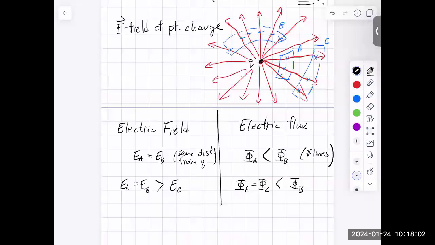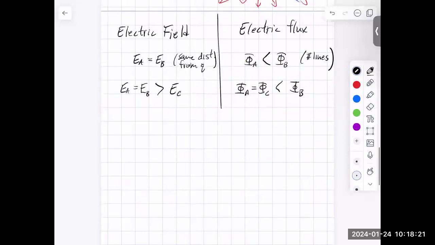Okay, good. So let's see if we can figure out how we can do some more interesting calculations of flux. Or let's just start by seeing if we can understand when flux is large and how we can make it smaller and things like that. So to do this, we're going to start with the simplest possible case.